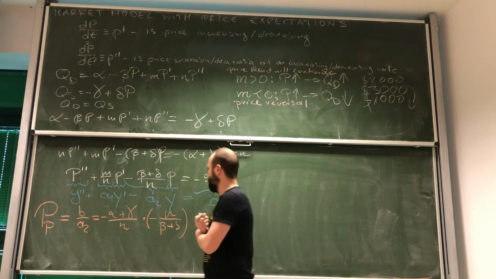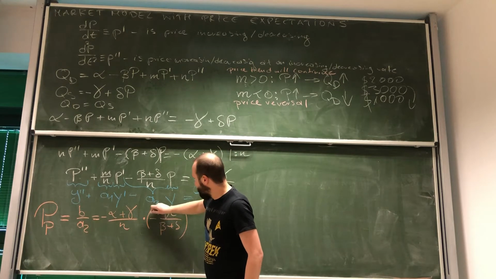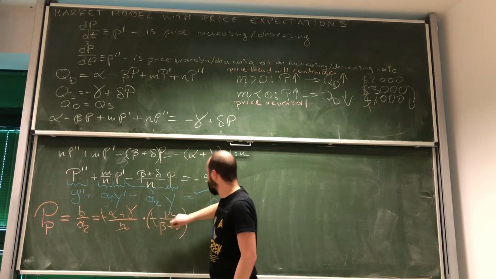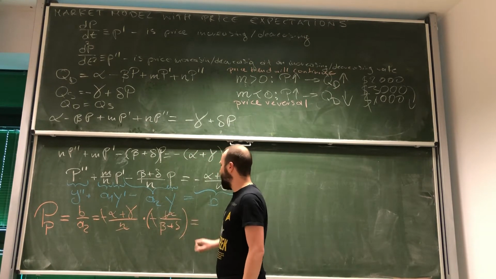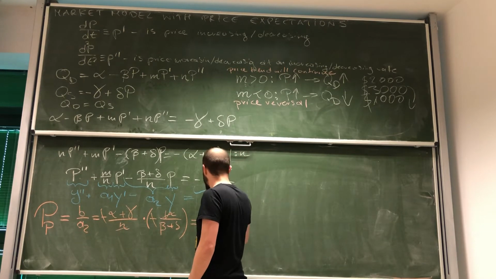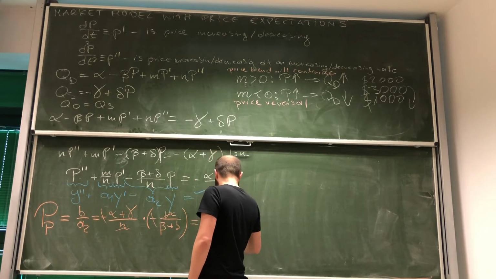Minuses cancel each other out, right? The n's cancel each other out, and we get the equilibrium solution is alpha plus gamma over beta plus delta.